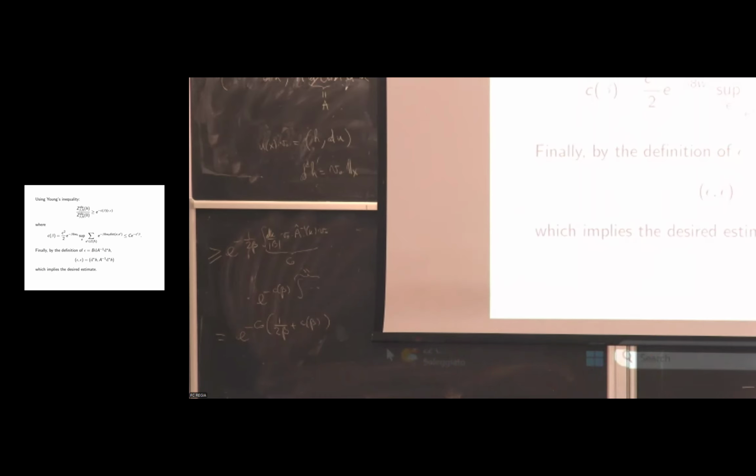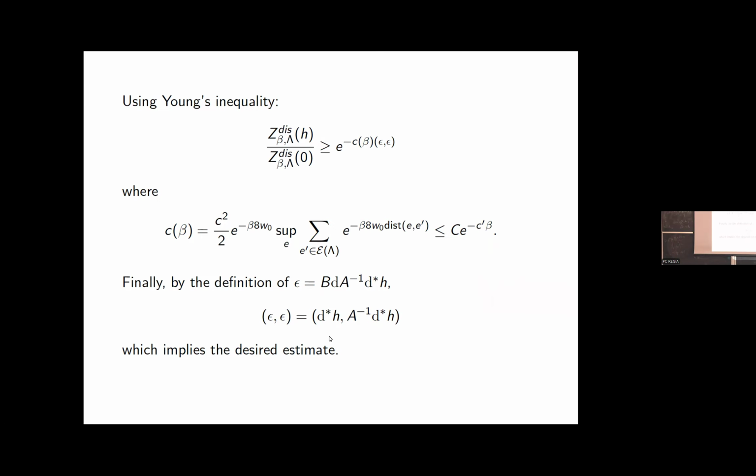And then this looks, I mean, most of the steps I showed really are due to Frohlich-Spencer. There are some complications due to the presence of all these strange operators.